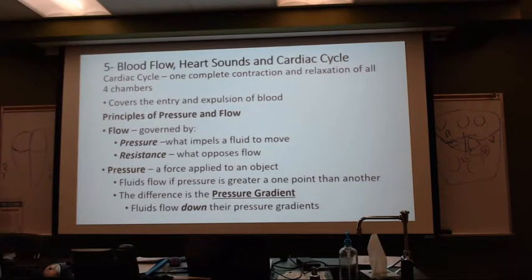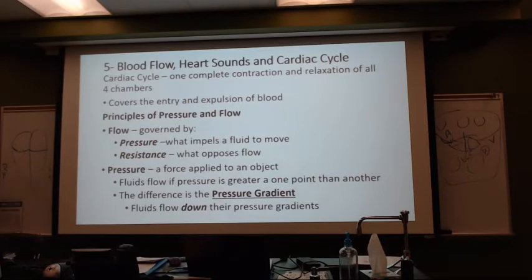Now, when blood is returning to this right atria from the systemic circuit, okay, it's also coming into my left atria from the pulmonary circuit. Over here, I got another valve, my bicuspid, the left AV.